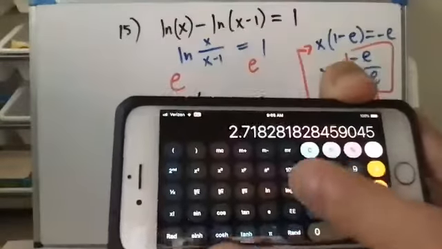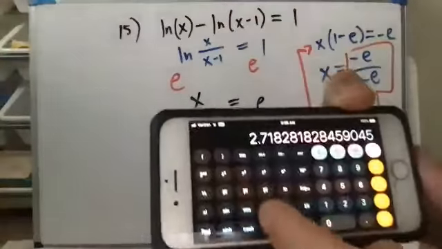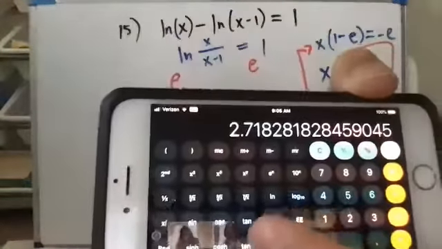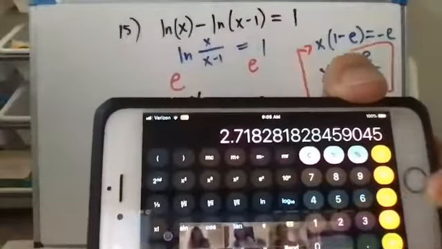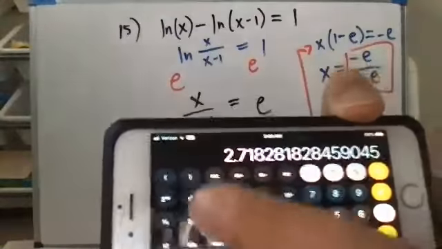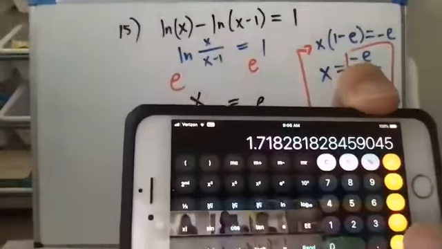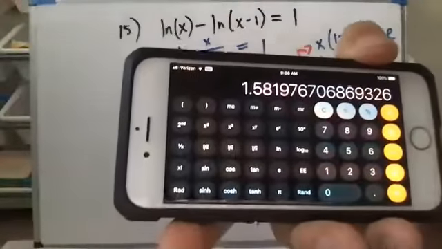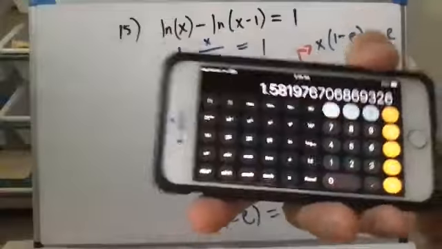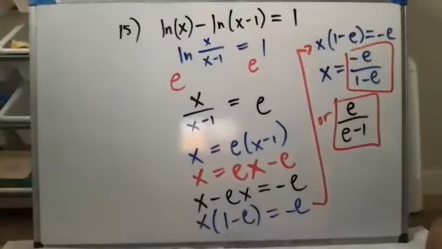You need parentheses for the denominator. So parentheses, e minus 1, and then close the parentheses. Hit enter. Just like that.